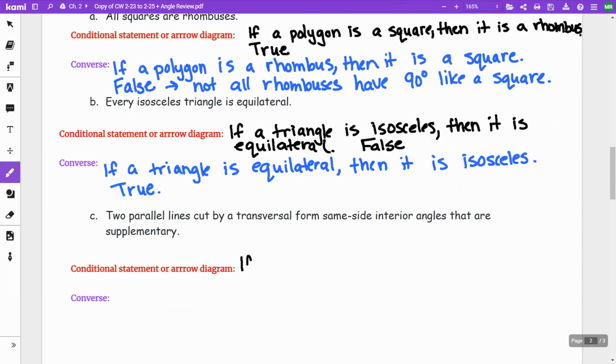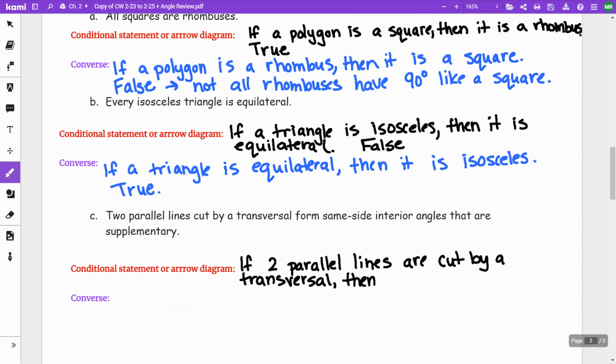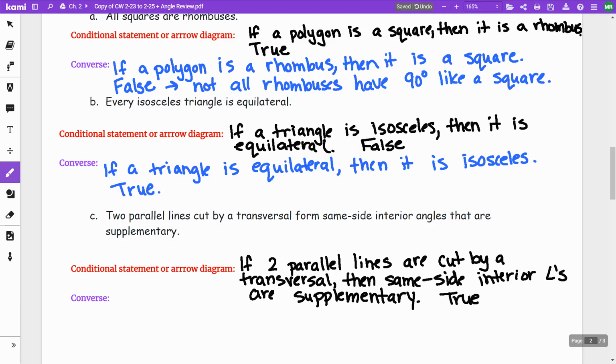So if two parallel lines are cut by a transversal, then same side interior angles are supplementary. That is true. We learned about that. So that is true.